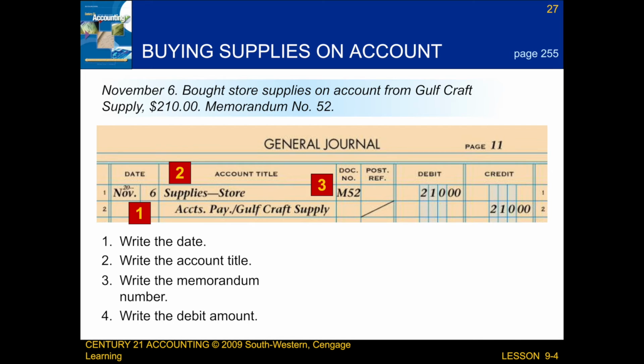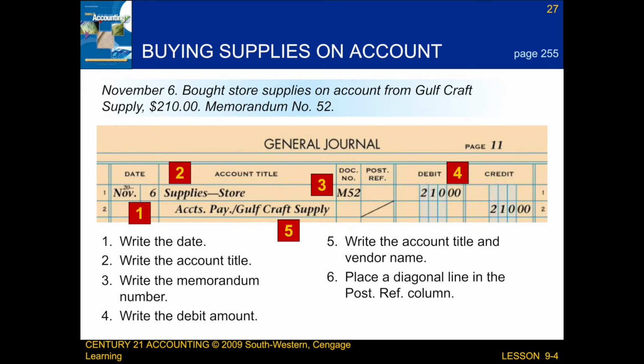Next, we write the debit amount, which is $210, in the debit column. After that, we write the account title and vendor name, which is accounts payable, Gulf Craft Supply, in the account title column. Next, we place a diagonal line in the post reference column. And finally, we write the credit amount, which is $210, in the credit column.